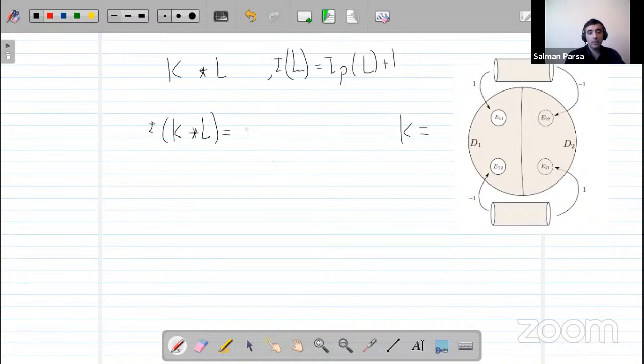It's index of K plus index of L minus 1. But if we take for K, for instance, just a two-sphere, it will be stable.